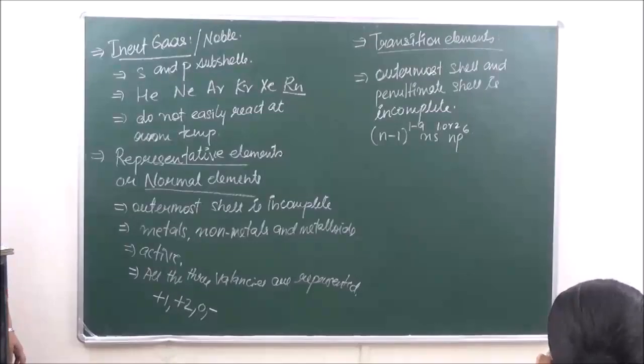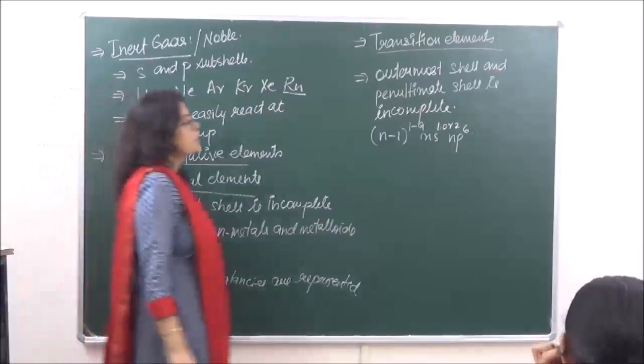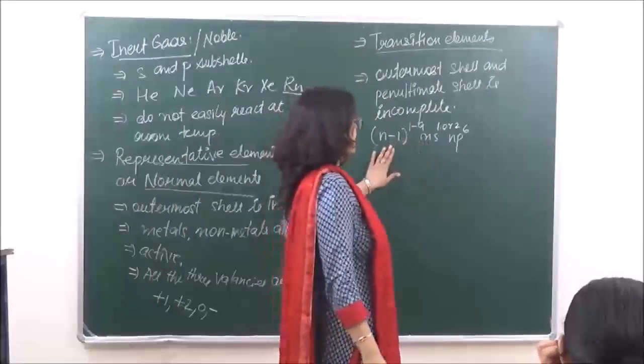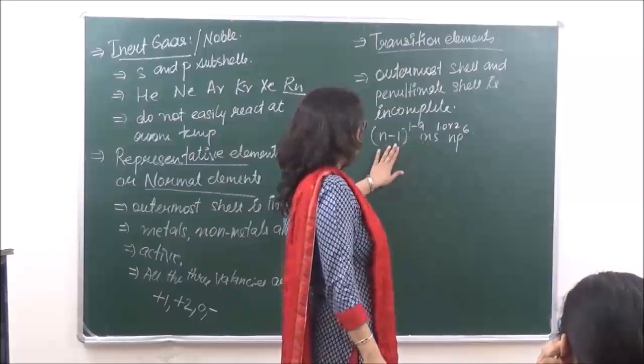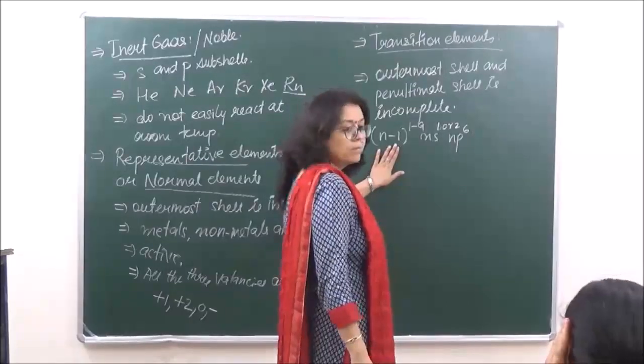So the D subshell over here is the penultimate shell and the N subshell over here is the outermost shell. In both the cases, they are incomplete.